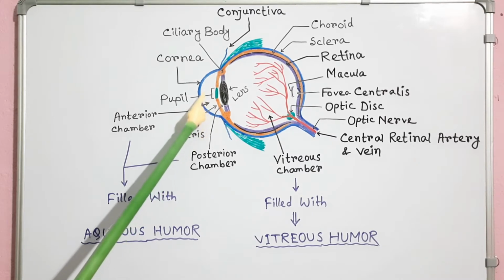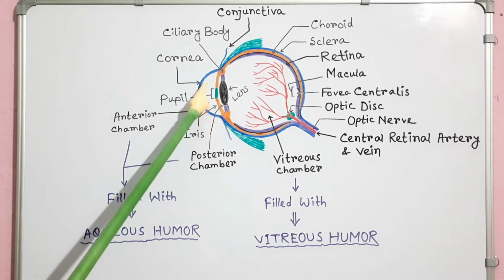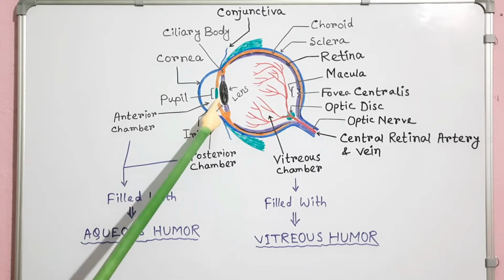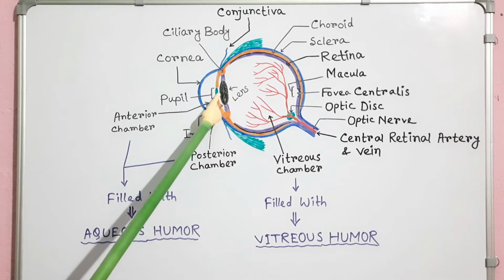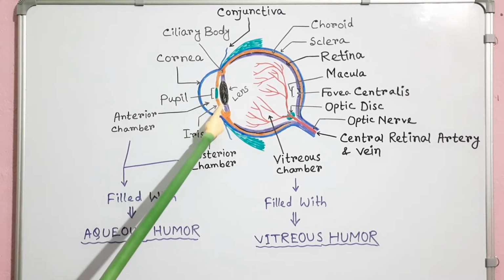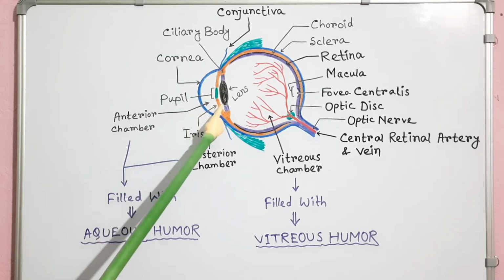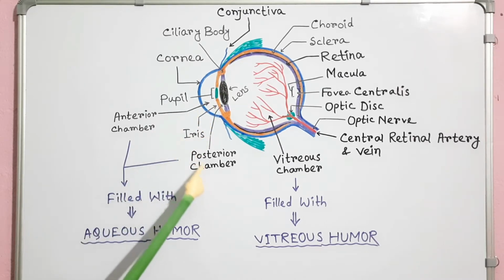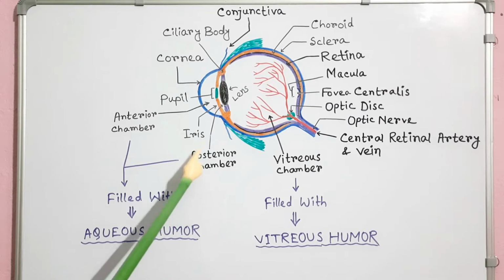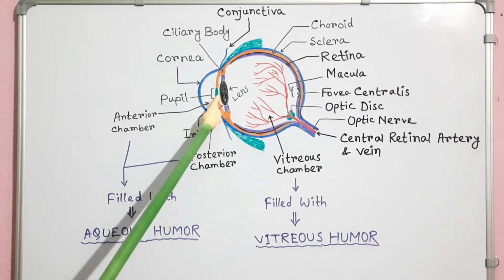It is the space between the cornea and the iris. This is the posterior chamber. It is the space between the posterior surface of the iris and the anterior surface of the lens. The anterior and posterior chambers are continuous with each other through the pupil.